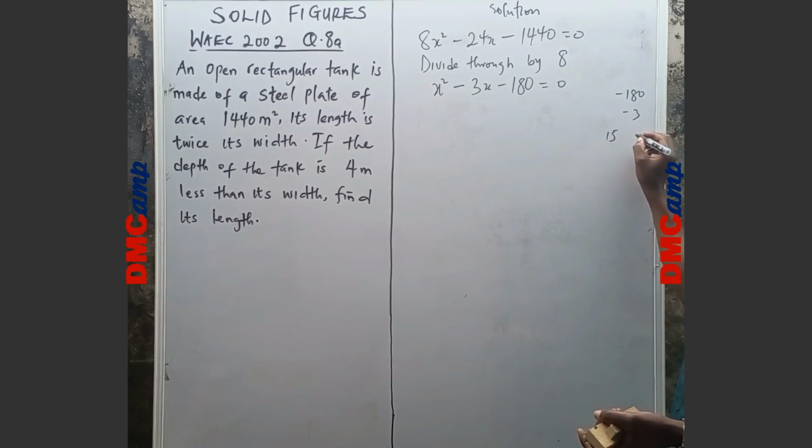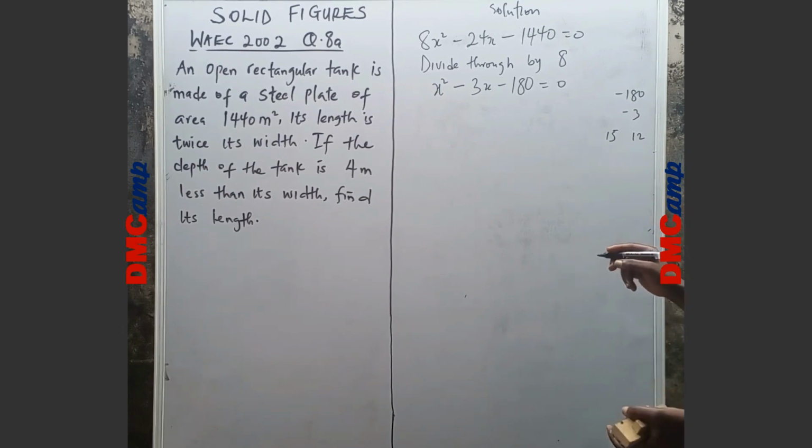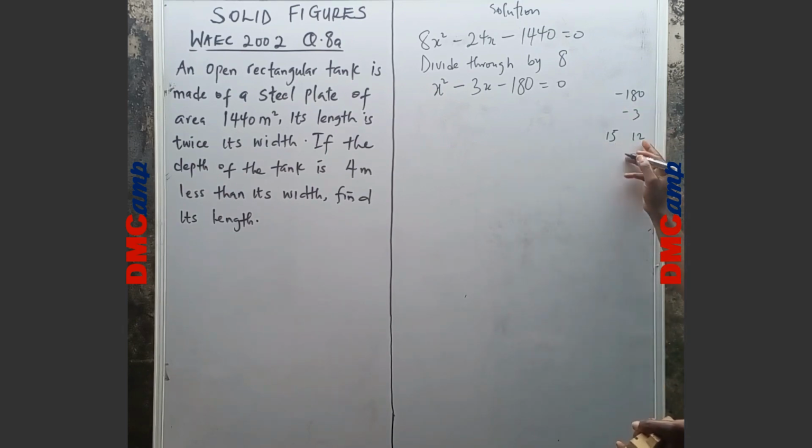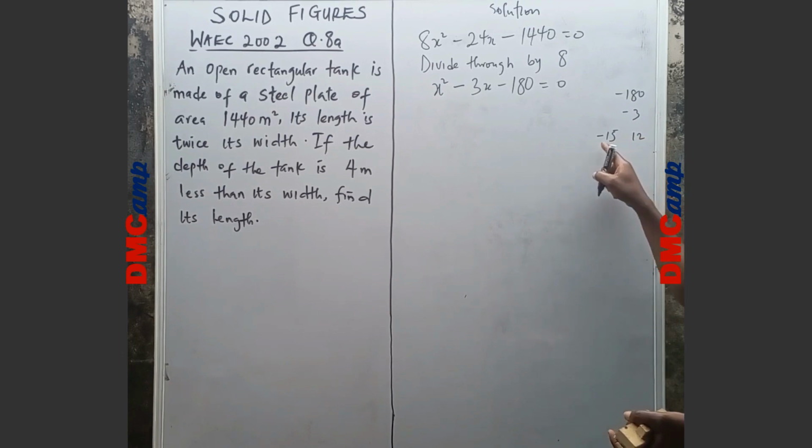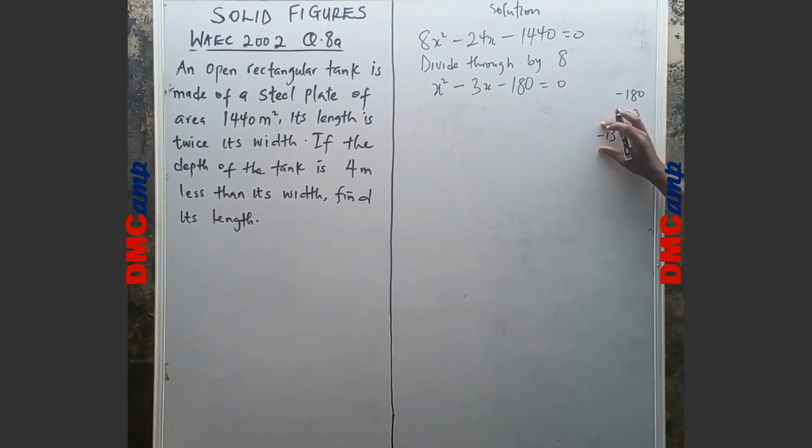I have 15 and 12 here. Now 15 times 12 will give us 180, but we are looking for minus 180. So if we say minus 15 times 12, it will give us minus 180. Minus 15 plus 12 will give us minus 3. So minus 15 and 12 are the two numbers.